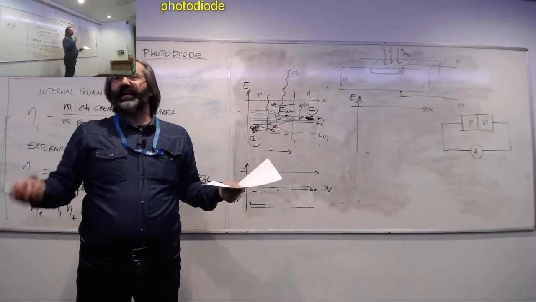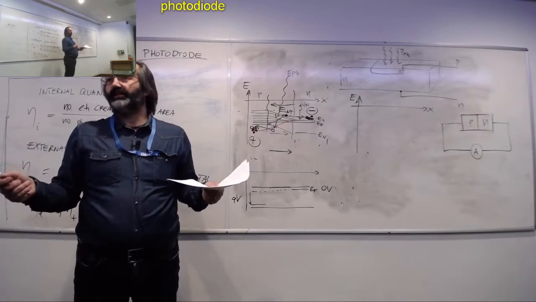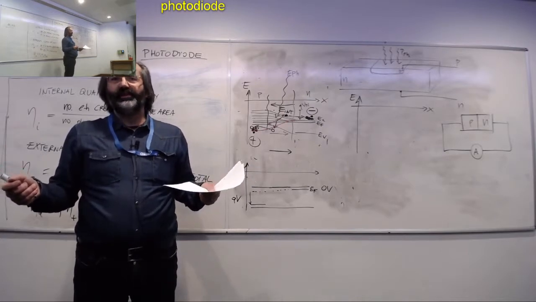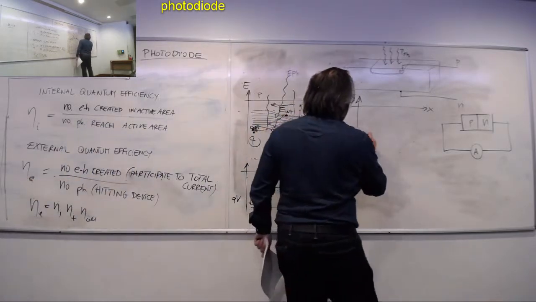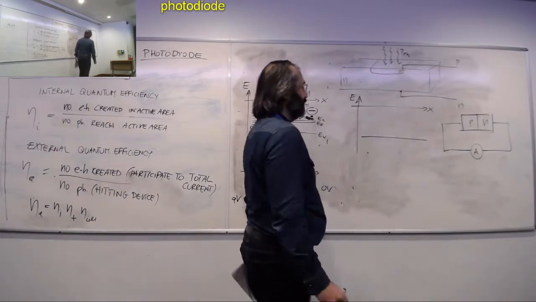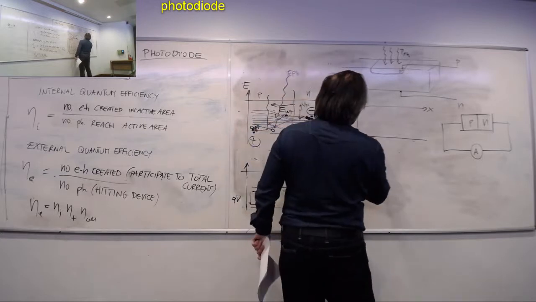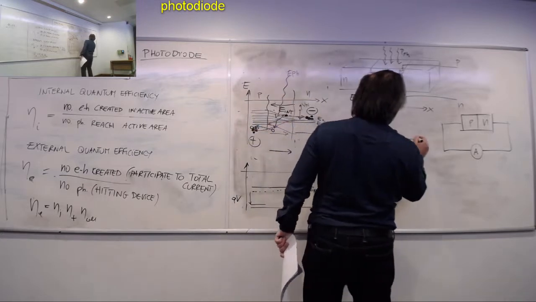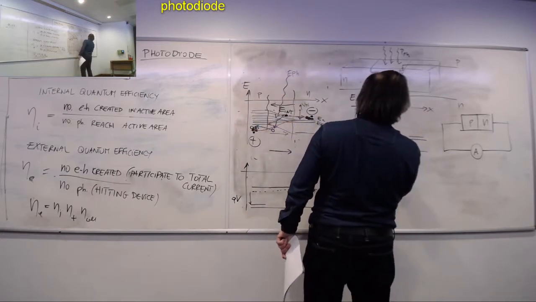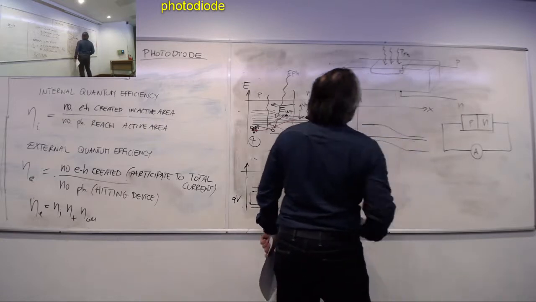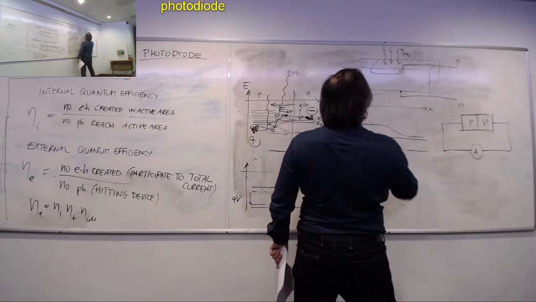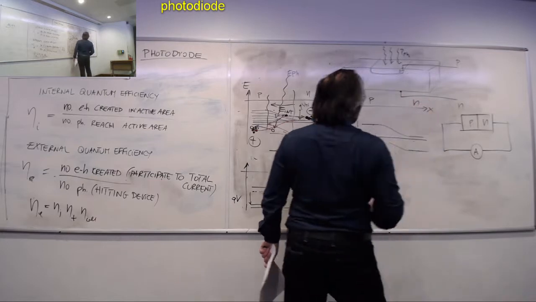So the P side and the N side have the same voltage. How do I draw the Fermi level? Flat. The Fermi level is flat. And so in this situation, the energy diagram looks like that.